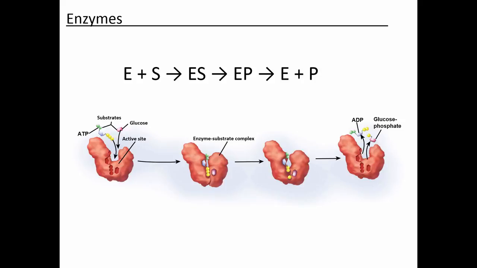Then the next step is that the reaction is catalyzed by the enzyme, so substrate gets converted into product. And then the last step is that the product needs to be released from the enzyme. Once the product's released, this enzyme can go back and bind another substrate molecule and do the whole thing over again. But essentially you have binding of the substrate, then conversion of the substrate to product, and then release of the product.